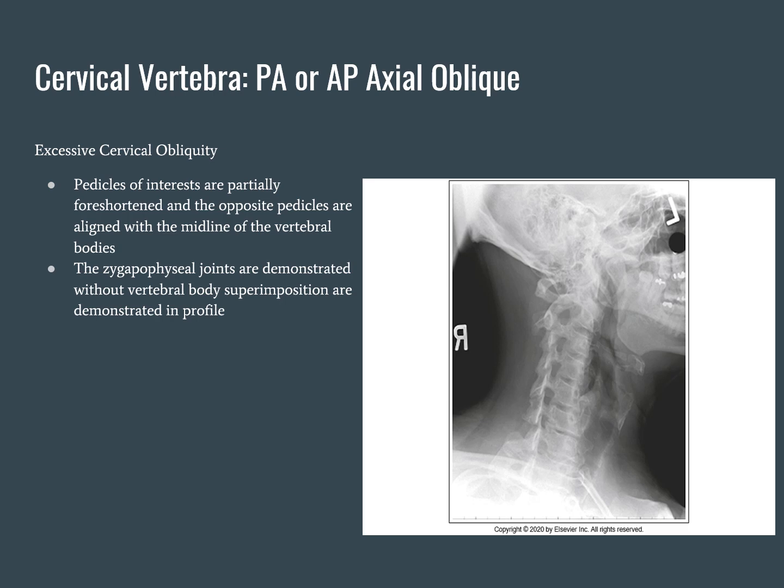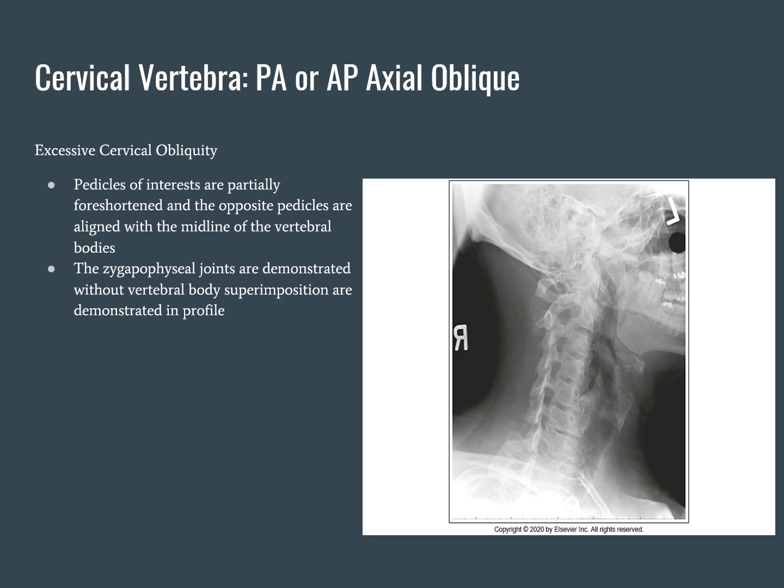In this PA axial cervical vertebral projection, it was taken where we have adequate positioning in the upper portion of the cervical vertebra, but in the lower portion, we are excessively rotated. Again, the pedicles of interest are partially foreshortened, and the opposite pedicles are aligned with the midline of the vertebral bodies.